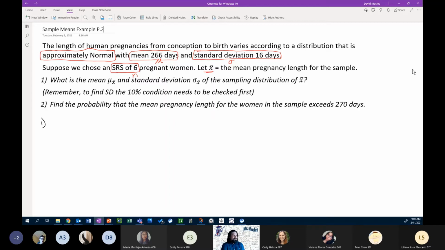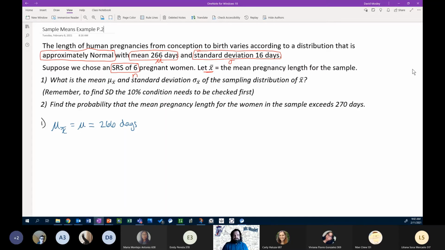Question 1 wants to know, what is the mean and standard deviation of the sampling distribution of X bar? Well, the mean of X bar is equal to the population mean, which is 266 days. And that's it. We've completed the calculation for the mean of the sampling distribution of X bar. Once again, we have to confirm the 10% condition.